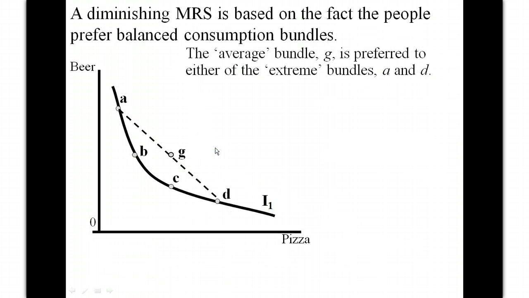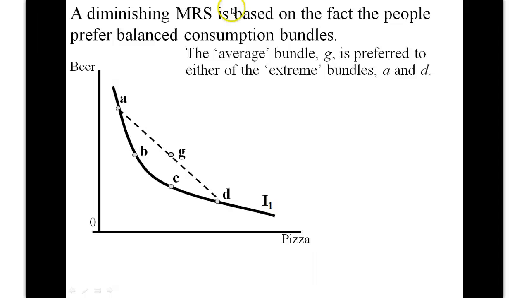A diminishing marginal rate of substitution is based on the fact that people prefer balanced consumption bundles. If you look at the goods we purchase, we don't tend to spend all of our money on 1 or a few goods. Our consumption is spread across 10, 100, hundreds of goods. So our consumption tends to be quite balanced.